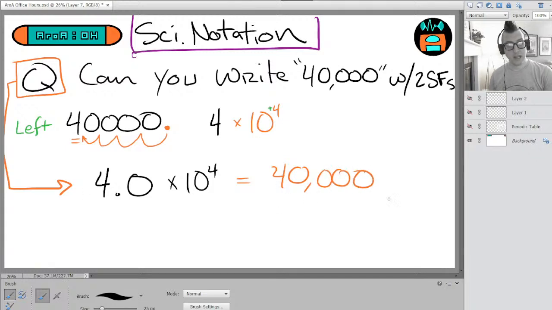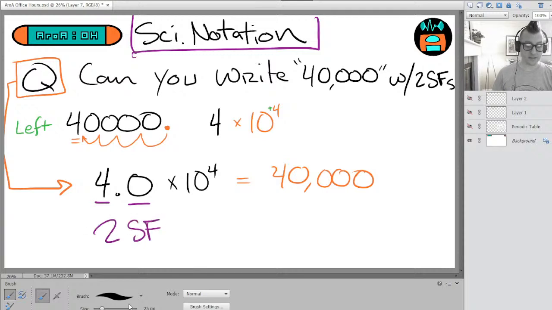So it's the same number, but look at the significant digits. 4 is significant, and because this 0 is to the right of the decimal and at the end of the number, it is also significant. So 4.0 times 10 to the 4th has 2 sig figs, and it has the same value as 40,000.